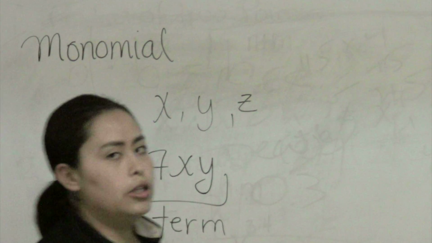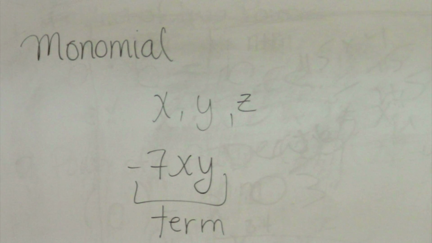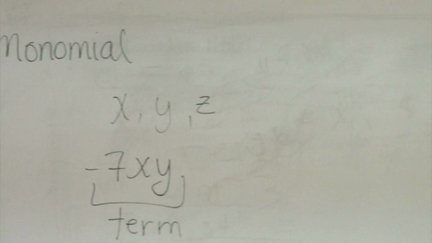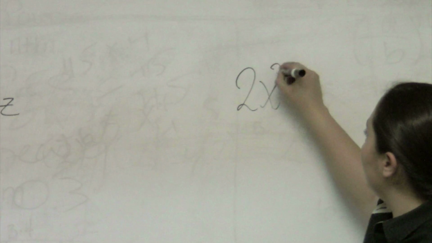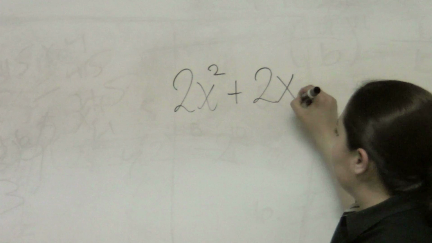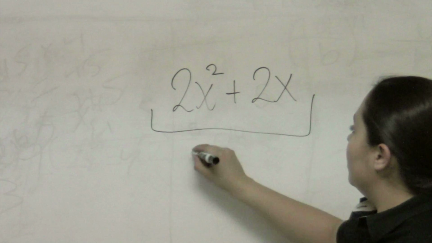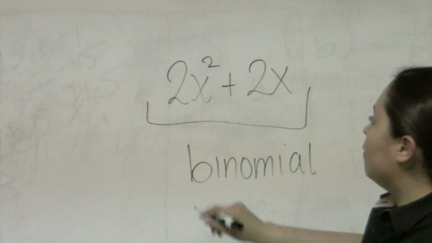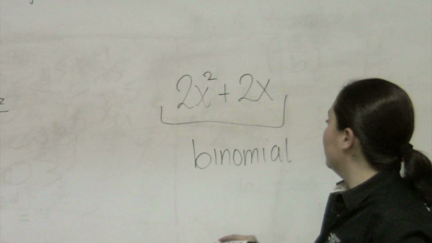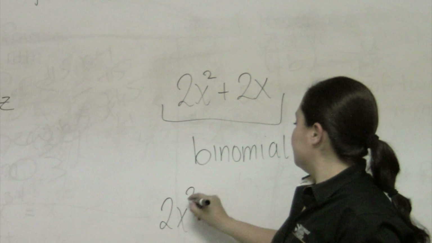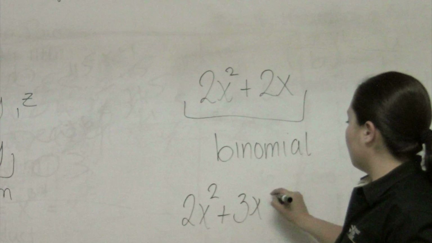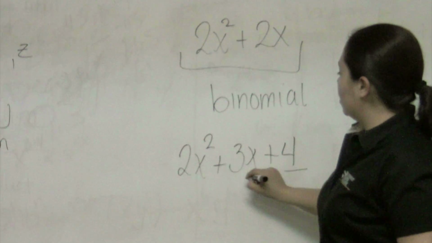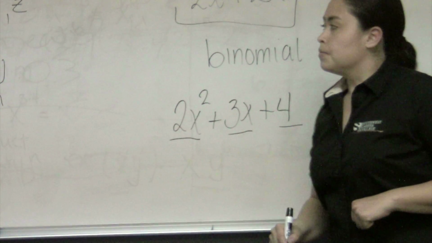Okay? Now, a polynomial, it's a composition of monomials. So we have 2x squared plus 2x. This is a binomial. We have two terms. Okay? Now, a trinomial is composed of three terms.